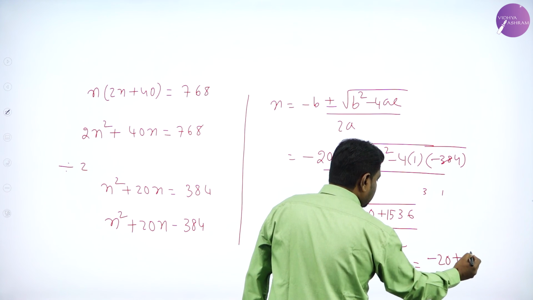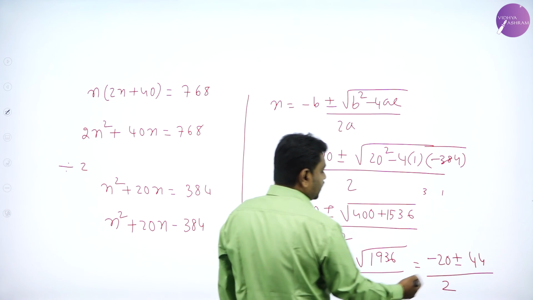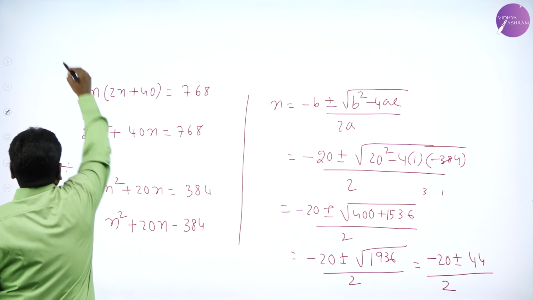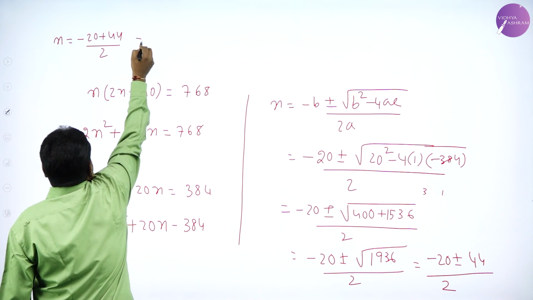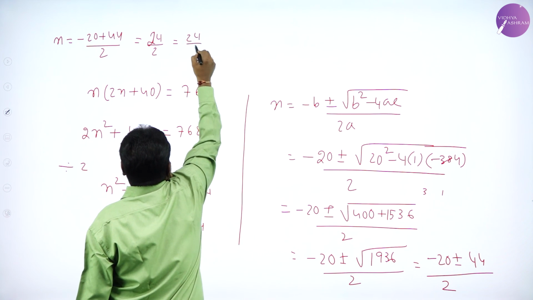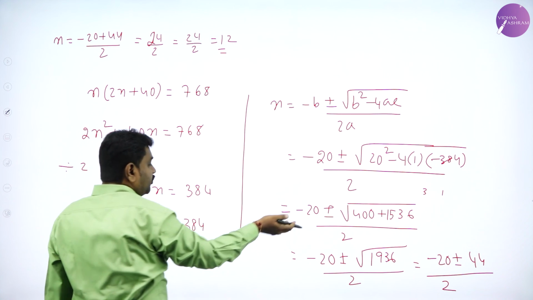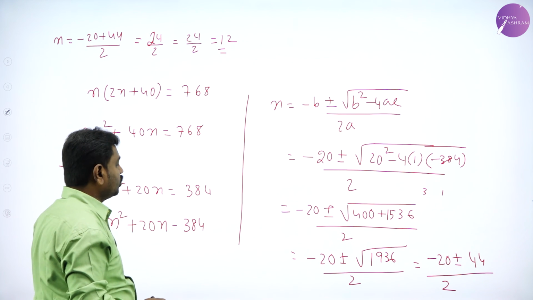If you take a calculator, it is 44 into 44. So now I'll take plus: n is equal to minus 20 plus 44 by 2. 44 minus 20 is 24 by 2. 24 by 2 is what? 12, positive 12. The other value will be negative. If you take negative, the number of terms cannot be negative. We got n is equal to 12.